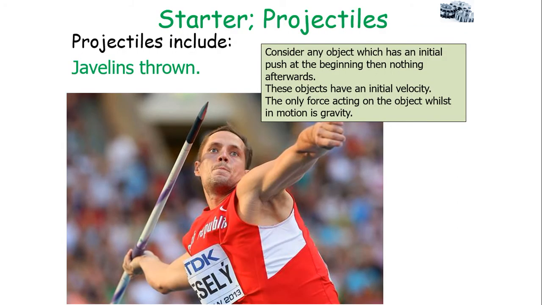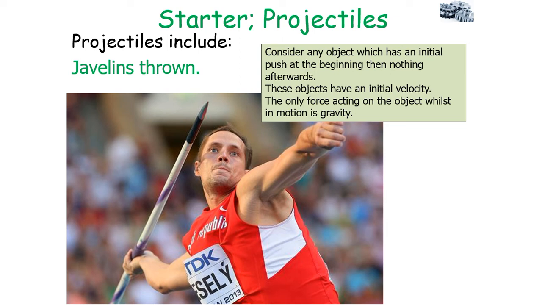Now, we can link this into something called projectiles. A projectile is an object which has undergone this free-fall motion that we just described, like with the ball falling just then. However, this time with the projectile, the object has an initial push at the beginning, then nothing afterwards. So whilst these objects have only the force of gravity acting upon them whilst in motion, they do have an initial velocity.